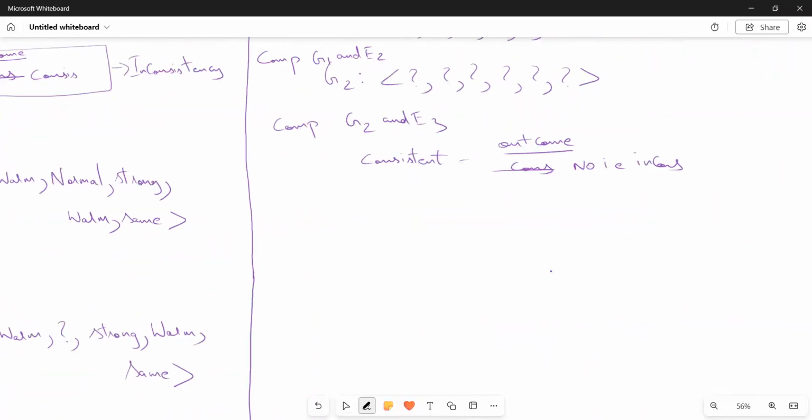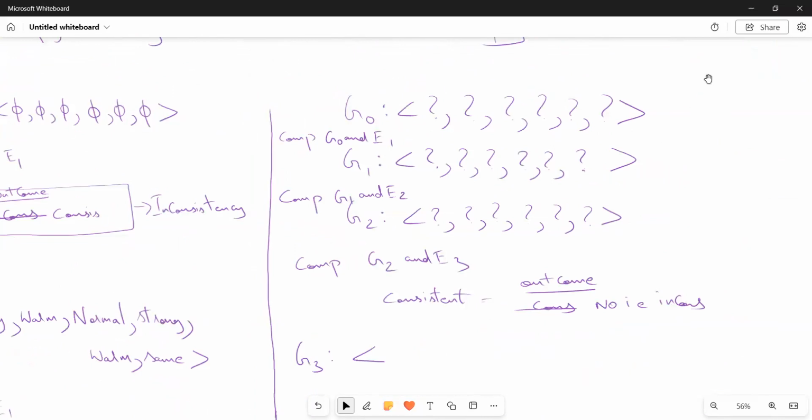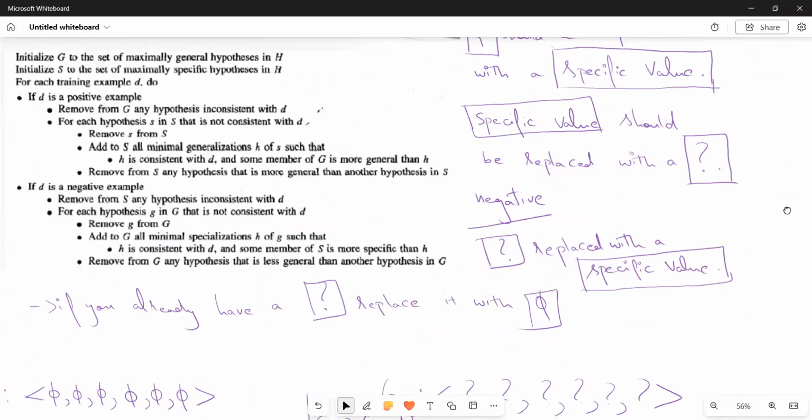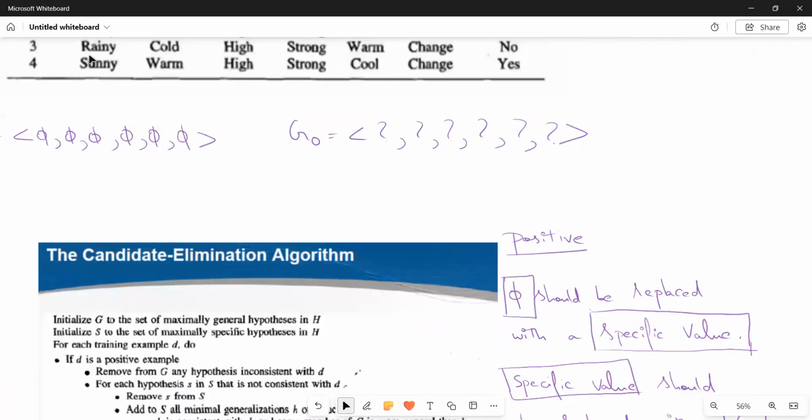So how do we do that? You have your G3. G2 and E3, right? With this G2 and E3, I will have to take up Sunny, the first attribute.